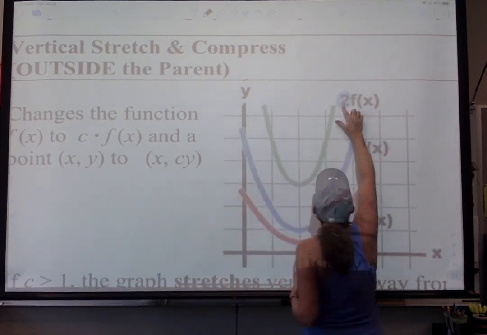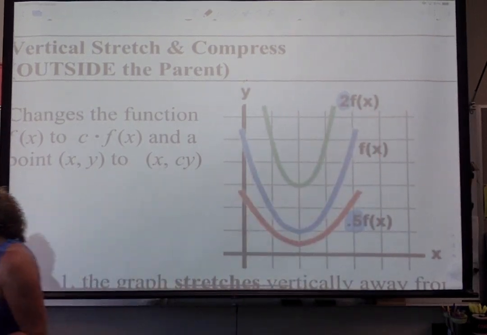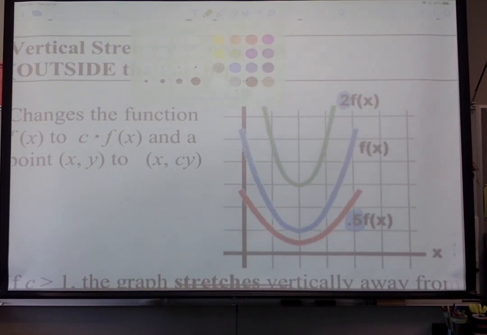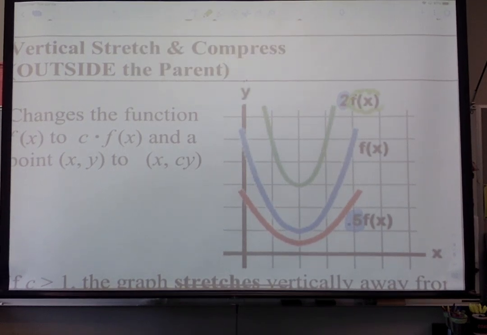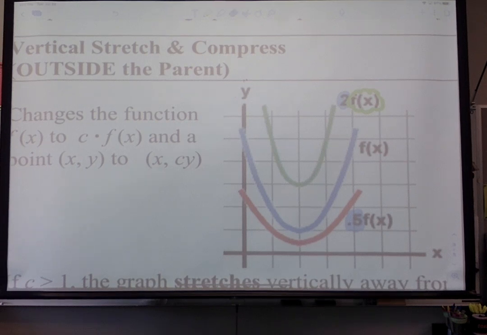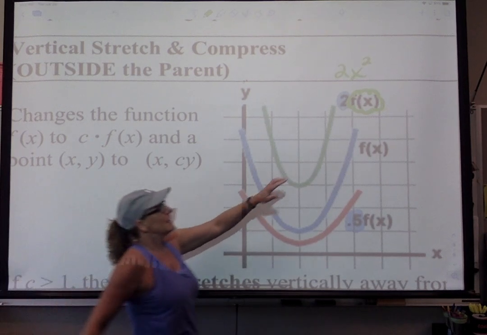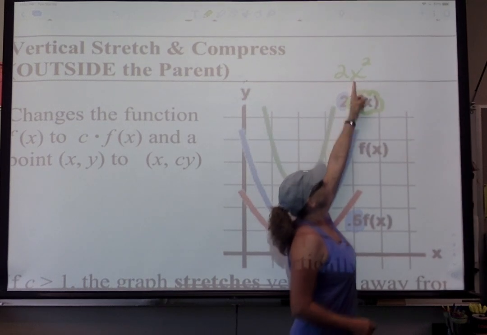So if this is confusing, just make up something for this if you think it's confusing. Maybe you want to think of this as 2, since it's a parabola, 2x squared. All right? So the f of x is just representing a function.